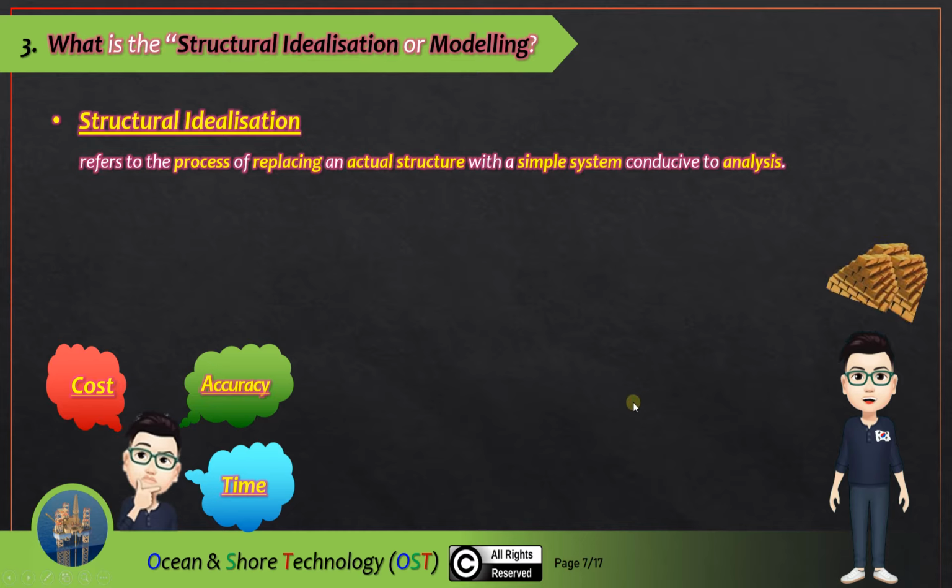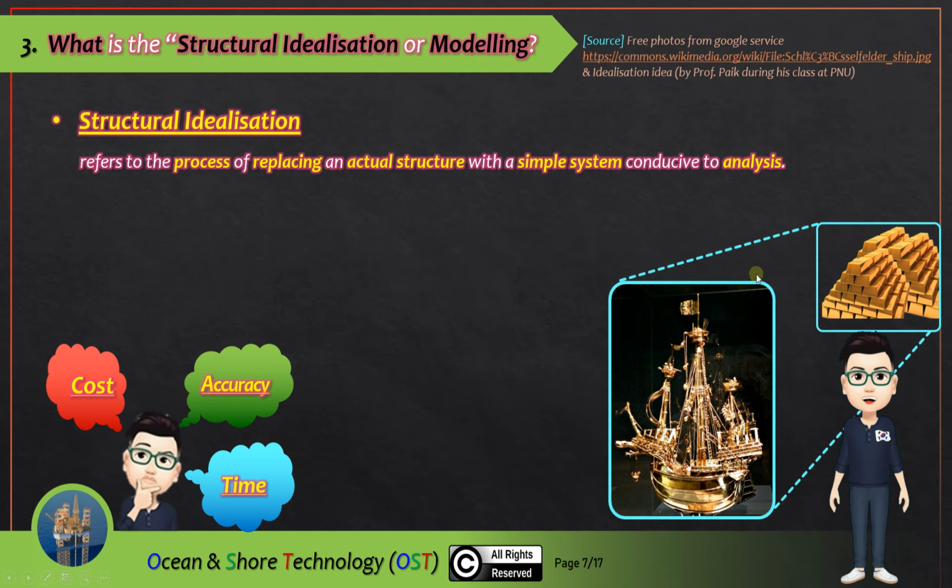So for example, let's say we have gold here as a structural material. Why not? We know that it is quite expensive, but technically we can utilize it. For example, if our client wants to construct a ship using gold, why not? It is technically no issue.